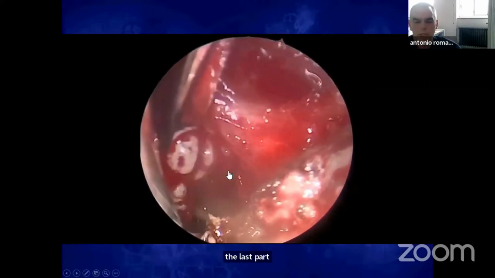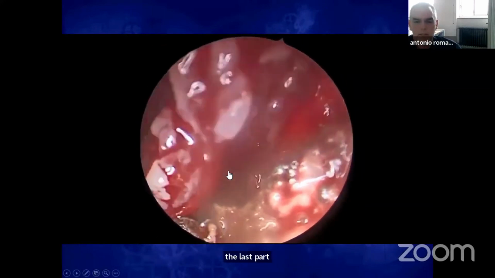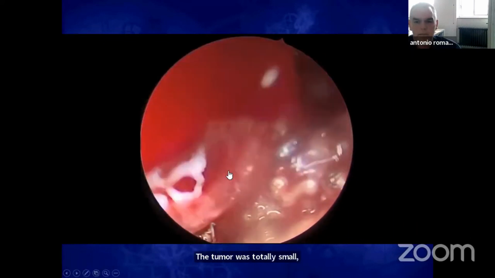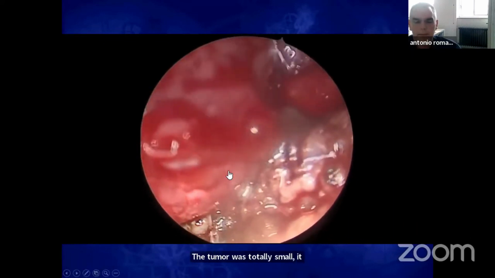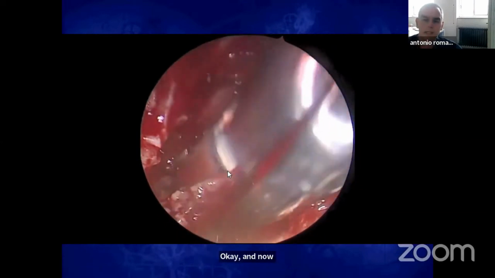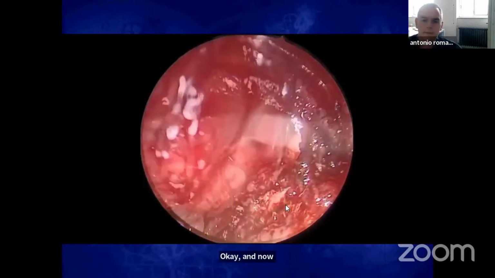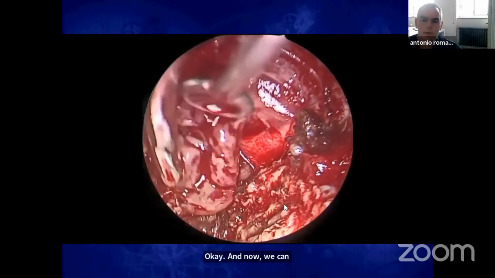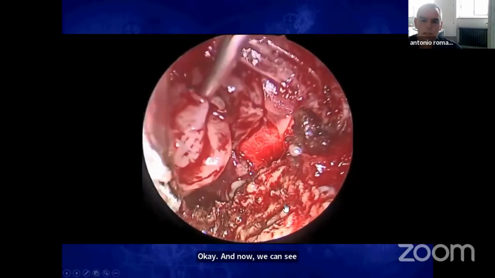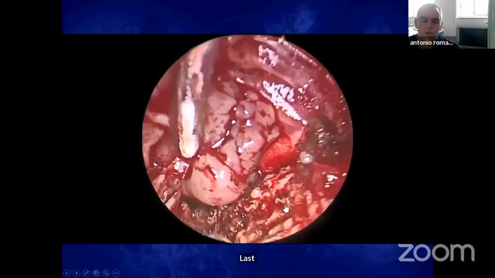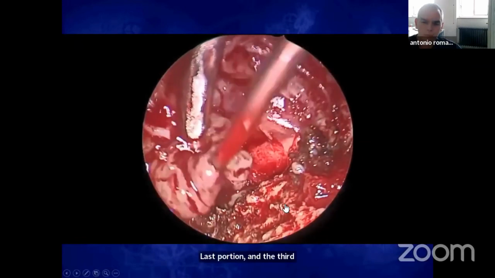The tumor was totally solid. Okay, and now we can see the last portion, and the third ventricle is totally free of lesion.